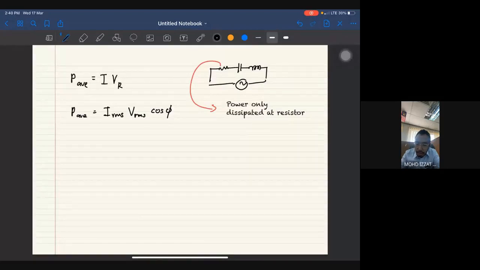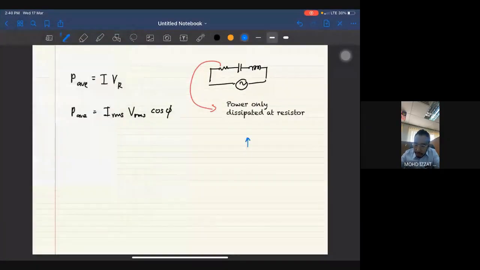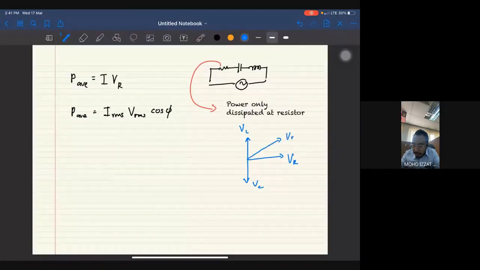if I want to draw my phasor diagram, let's say my VRMS is over here. This would be my phi, phase angle. If I want to use VRMS, dengan syarat, you still have to use VR lah.